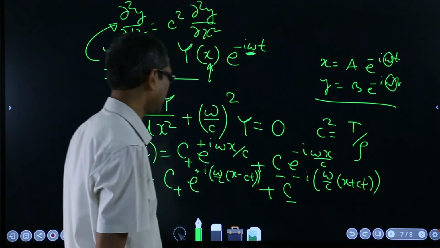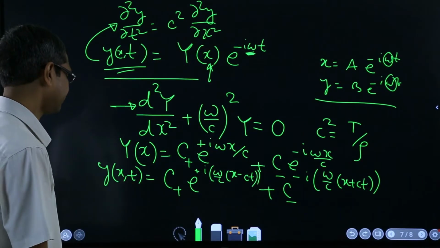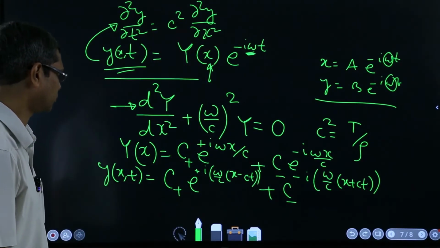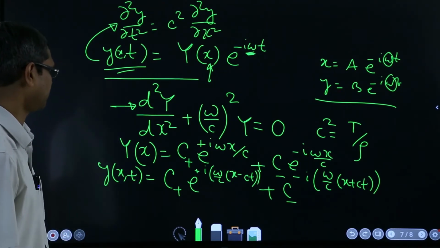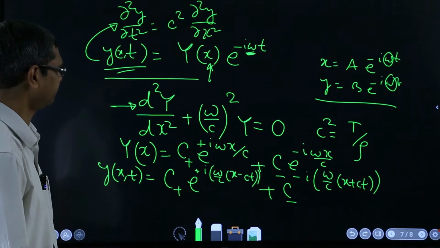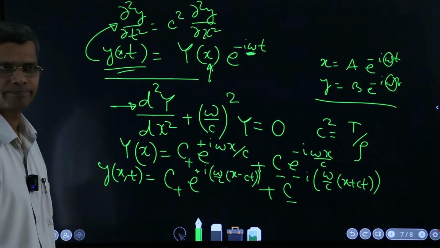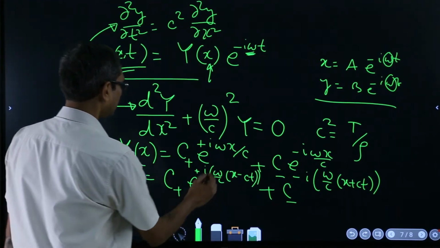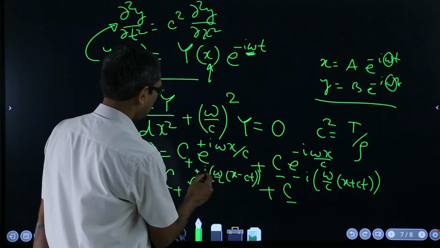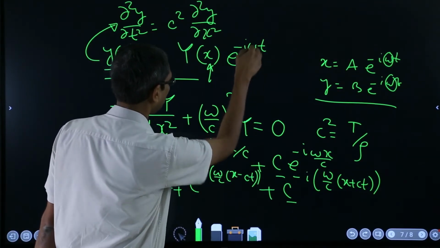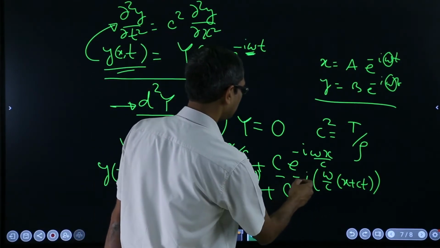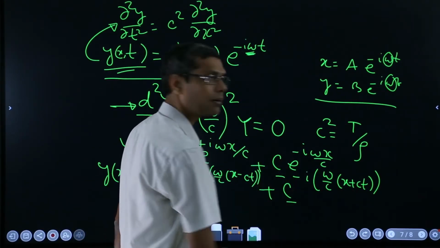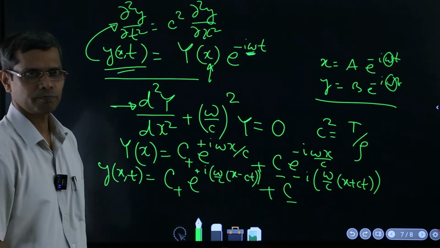Just check whether you are getting this or not. So here it's plus i omega x over c, this minus, so omega t. So here it's minus, here minus, here minus, yeah, fine, right?